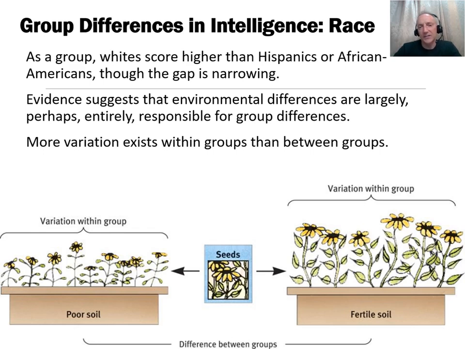And it really perpetuated some harmful racial prejudices that people held.